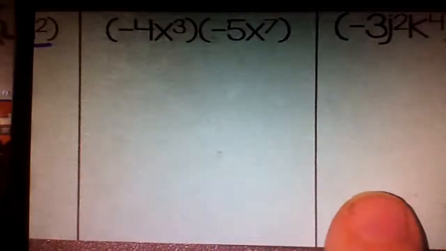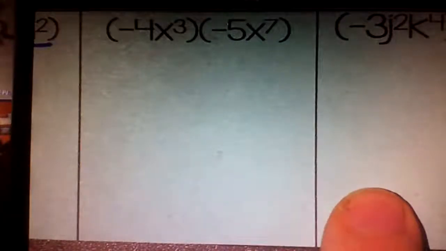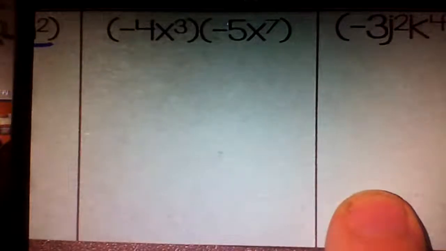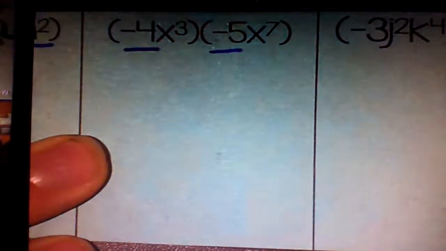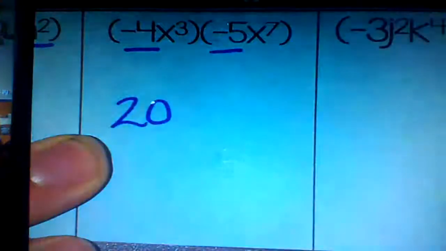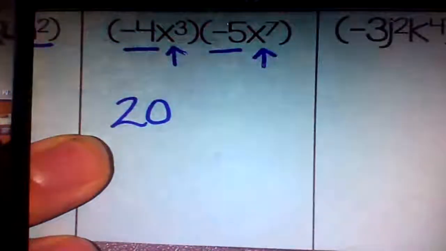Okay. Move over to here. Deal with your coefficients first. So I have -4 times -5. Positive 20. How many x's do I have if I have x to the 3rd and x to the 7th?